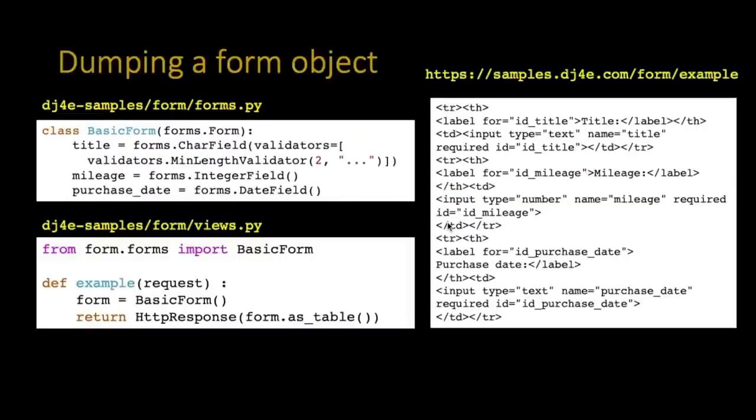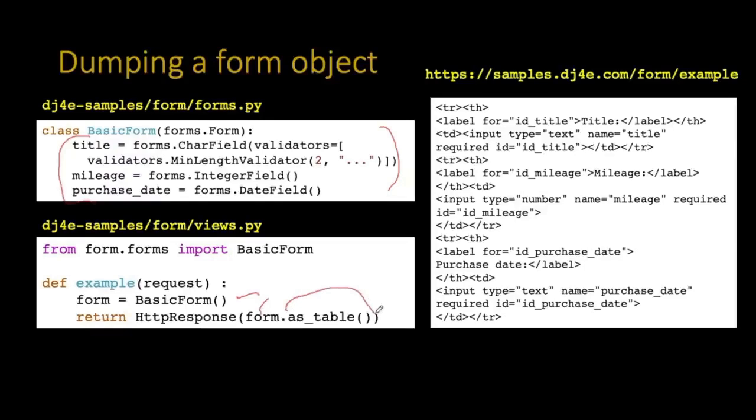So the form object, right? Here's this form we just made. It's got 3 fields in it. And this is a real simple view. It's not useful. It just shows you one of the things you can do. So make a basic form, defined as having these 3 fields, and then you say form and call the method as table. What this produces is just a dump.